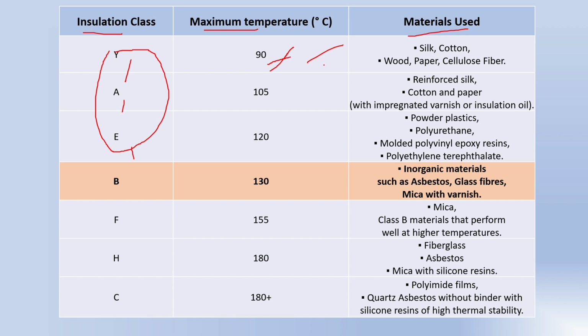If it goes more than 90, if it reaches 100, this kind of material may lose its insulating capacity. So this is the margin they give. It is called NEMA. They classified it into these insulation classes.